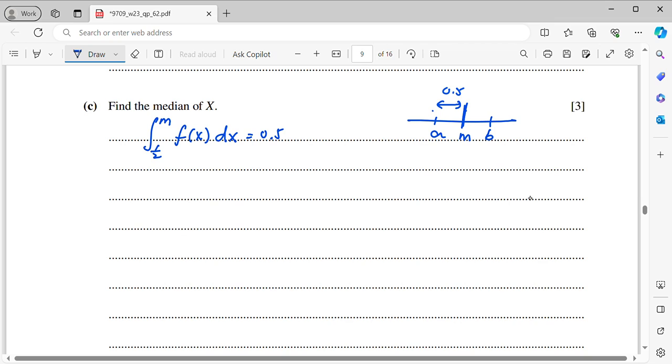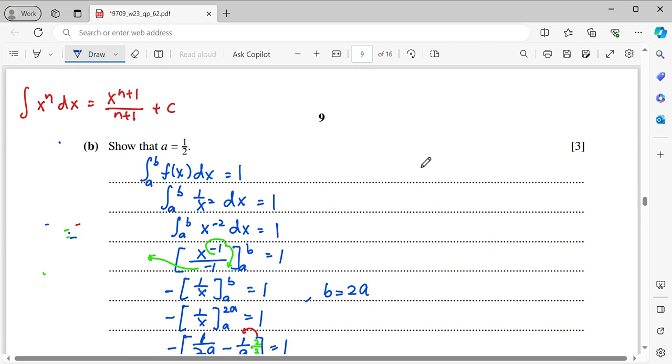because this property is 0.5 if the m is median. So now I will just write integration of f(x) dx, we have done just now, you see, which is here. Integration of f(x) dx is basically just this, right? So now I will change my limits.